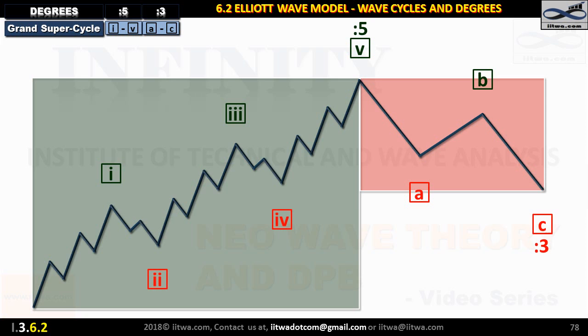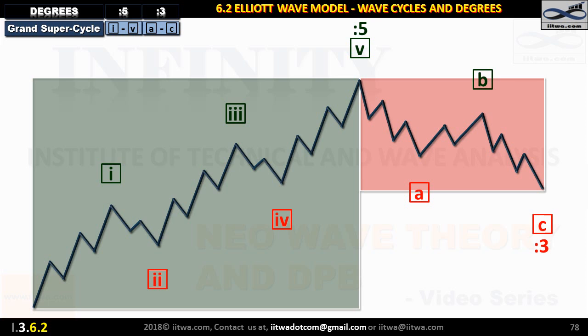But, opposite to this, in case of the corrective phase, the grand supercycle degree wave A and wave C, which run downwards, are both considered as impulsive waves, so both are subdivided into a 5 wave pattern, while wave B will be corrective, and it will again subdivide into a 3 wave pattern at 1 lower degree.